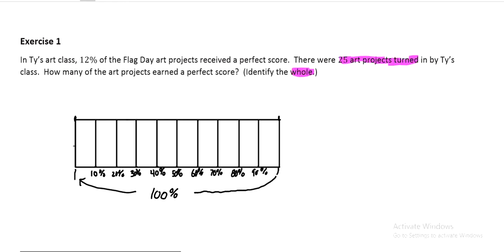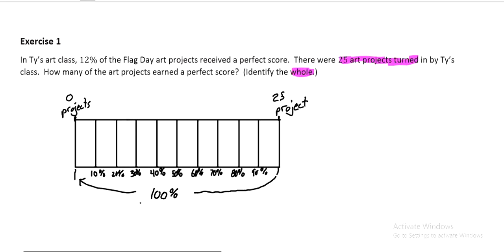So back here, this would be 0%, which would mean 0 art projects. And then way up here, this is the full amount, the whole in this case, which is 25. So if 100% earned a perfect score, that'd mean 25 projects earned a perfect score.